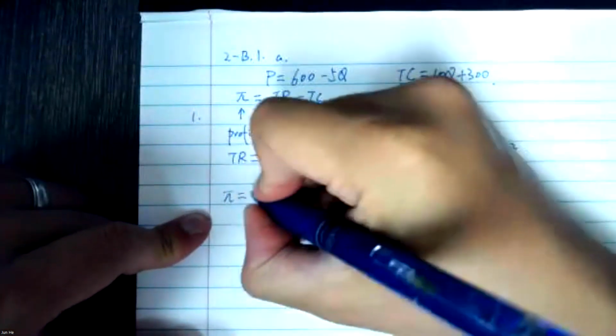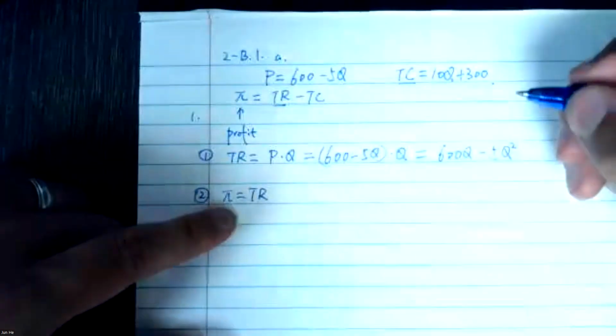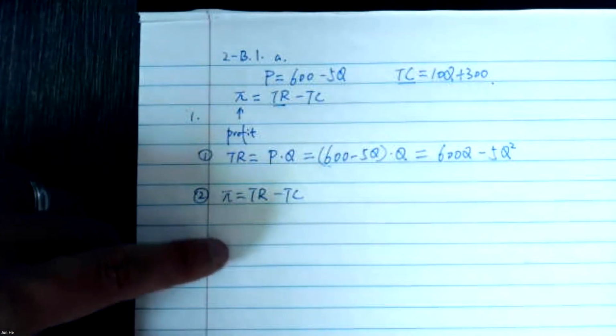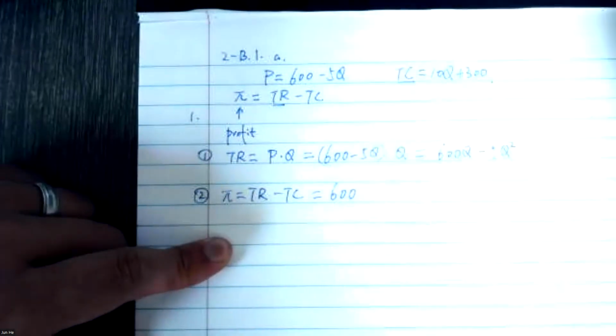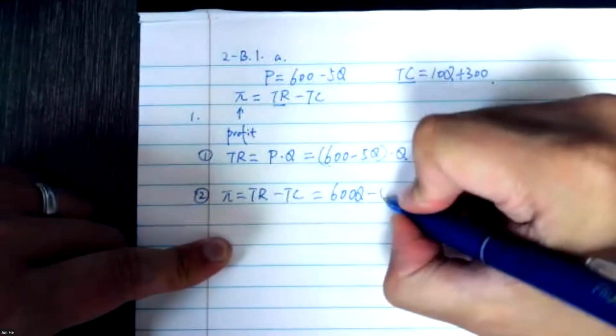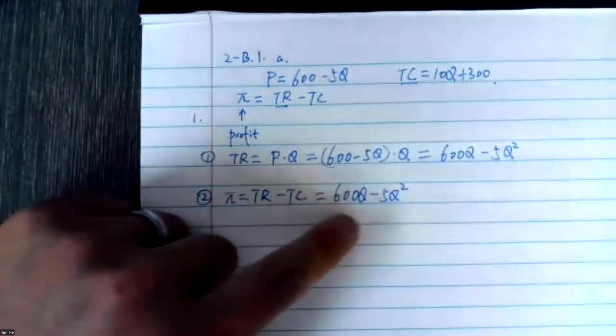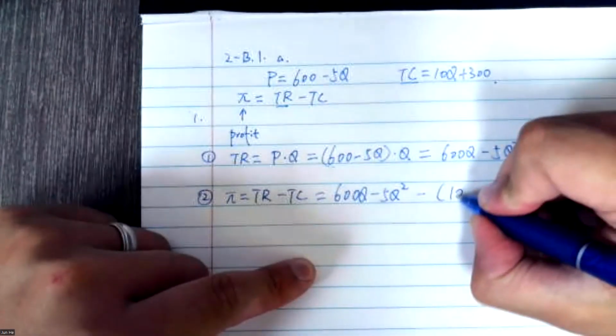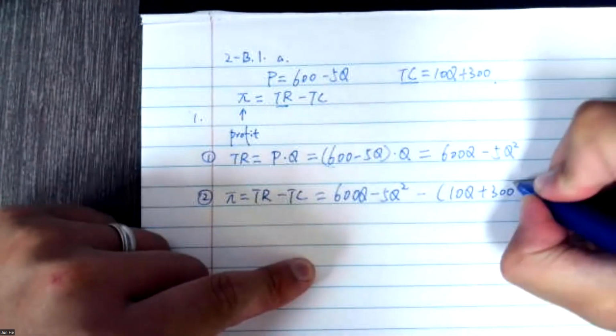And now with total revenue known, this is the first step, and this is the second step: we can work out the expression of the profit, which is total revenue, 600Q minus 5Q squared, minus total cost, 10Q plus 300.